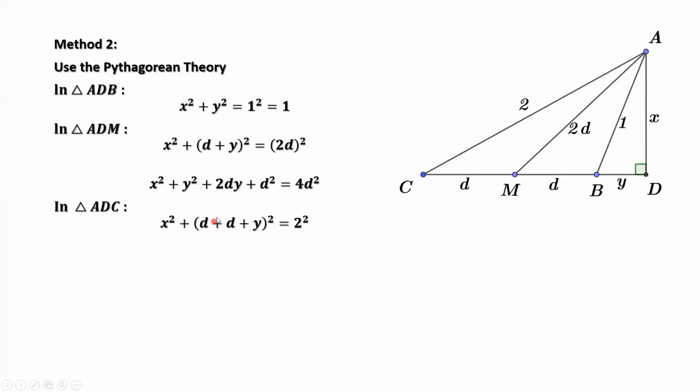Simplify both sides of this equation. Then we have x squared plus y squared plus 4dy plus 4d squared equals 4. We have 3 results here.